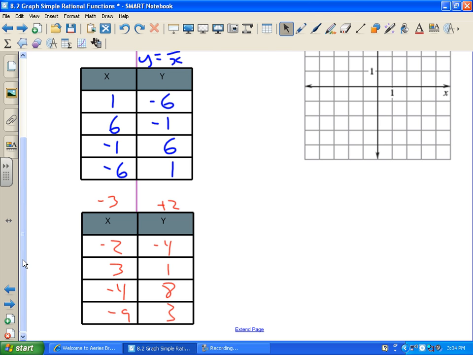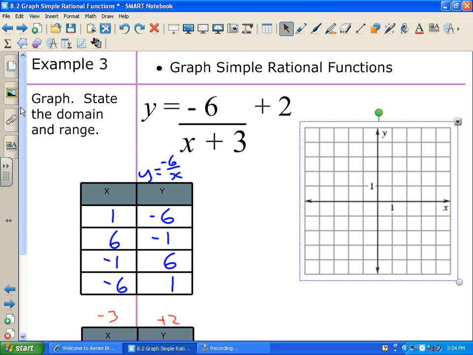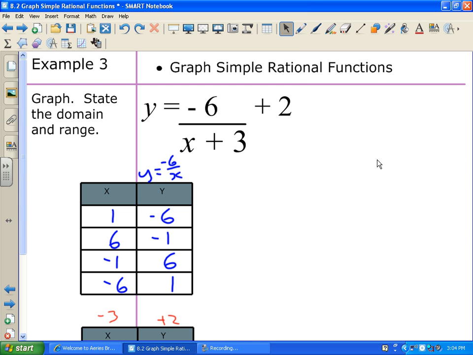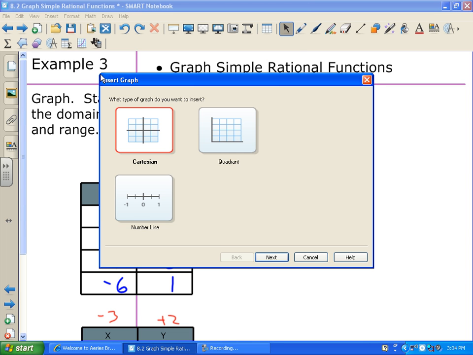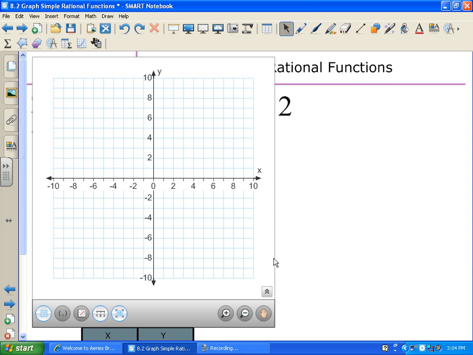Let's see, I don't like the scale on this graph, so I'm going to get a different graph up there. We'll do that one. There we go.